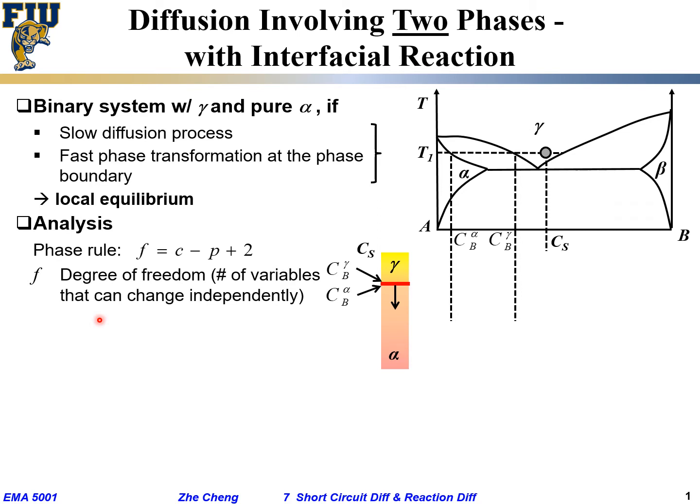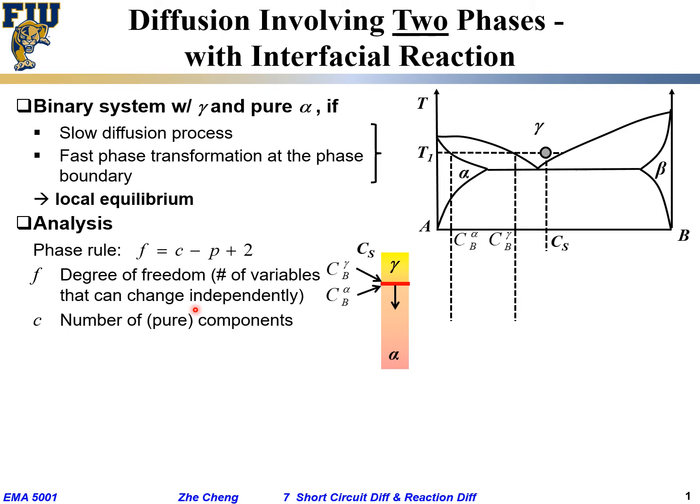Typically, we are talking about the intensive parameters, not the extensive, not the molar amount. The intensive ones tell you something about the system's nature: temperature, pressure, exact composition. The degree of freedom means the number of variables that can change independently. That's F.